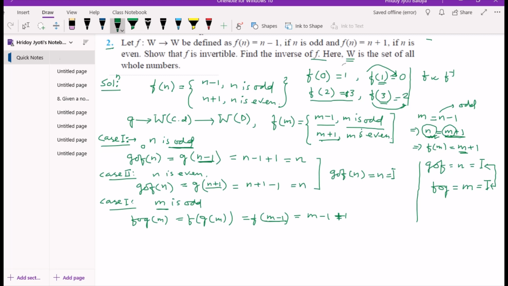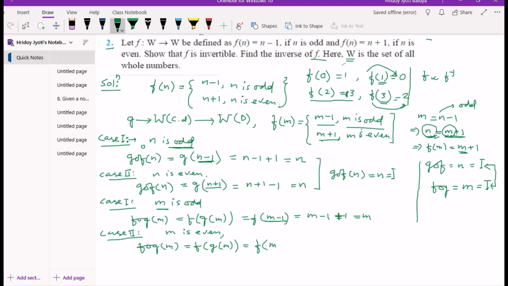is equal to m. Now for the second case, case 2, when m is even, f of z of m is f of z of m. For z of m when m is even, it is m plus 1, so f of m plus 1.